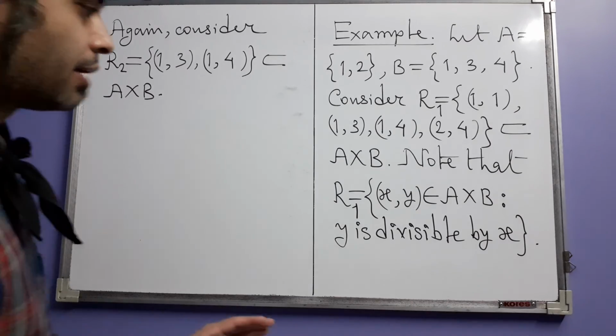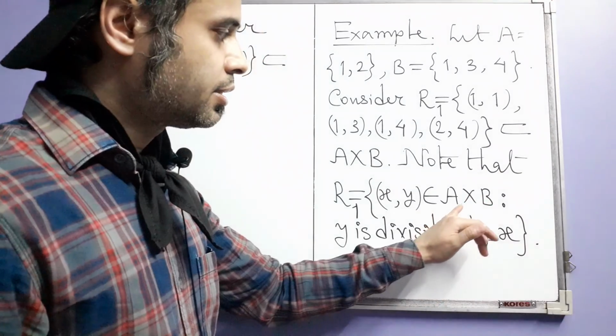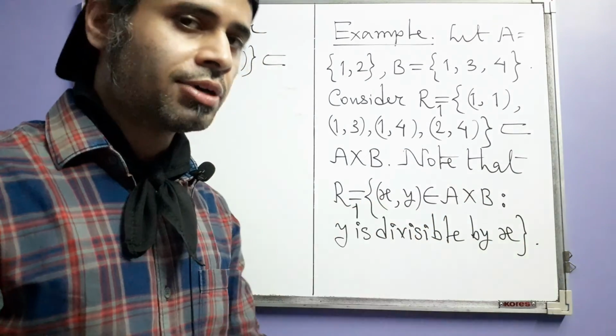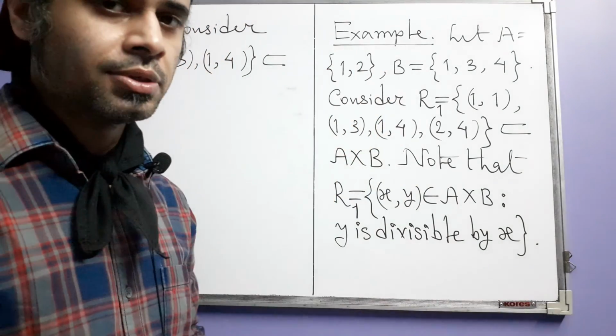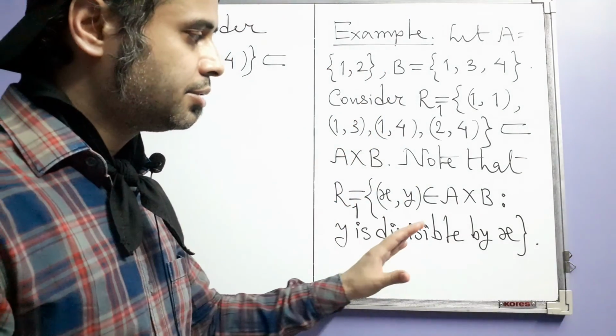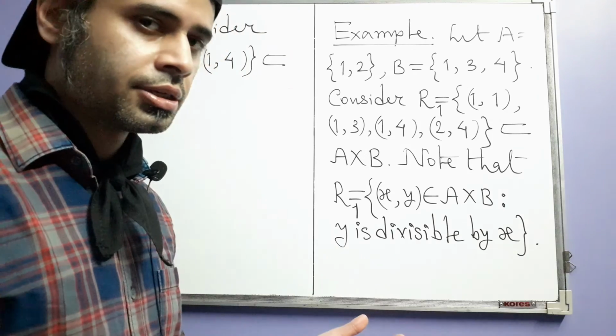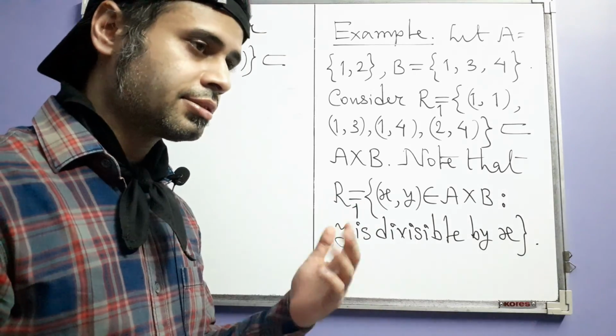Now, we will primarily see the general definition allows A and B to be different sets, like this example. But we will primarily be interested in those relations where A and B are the same set.